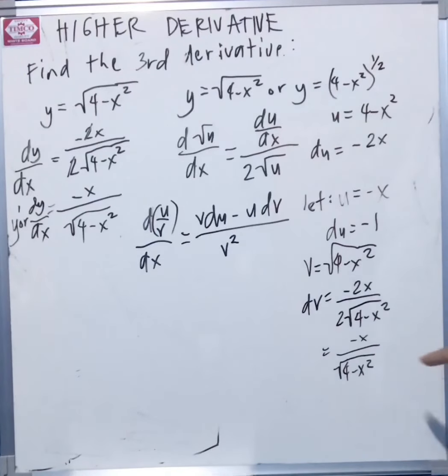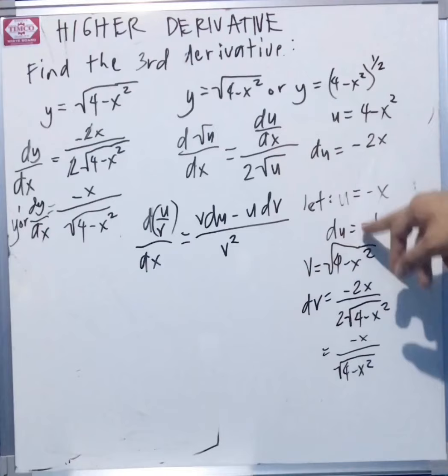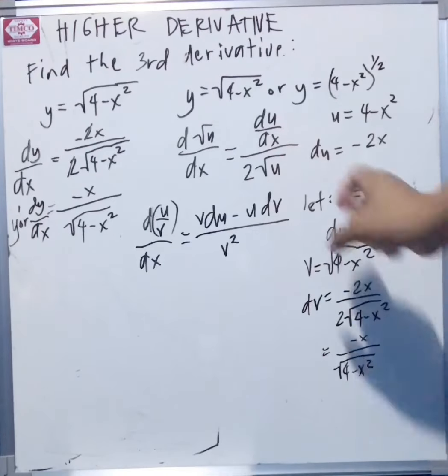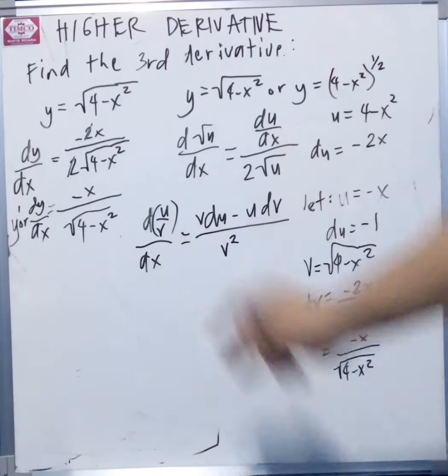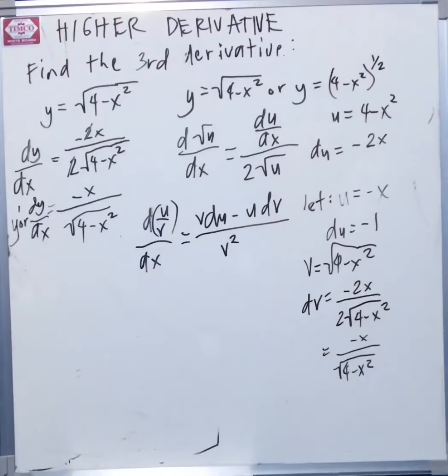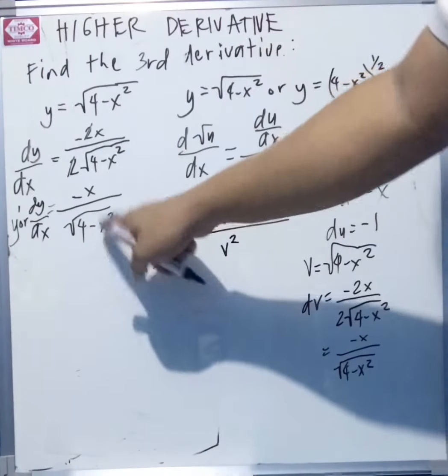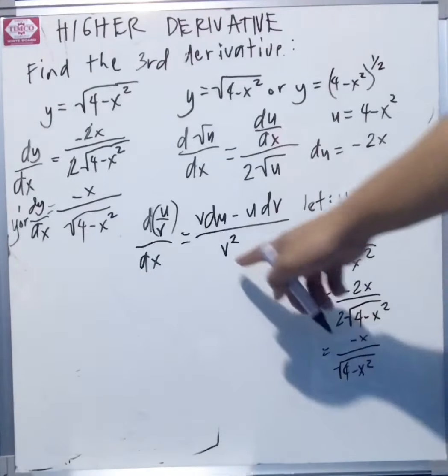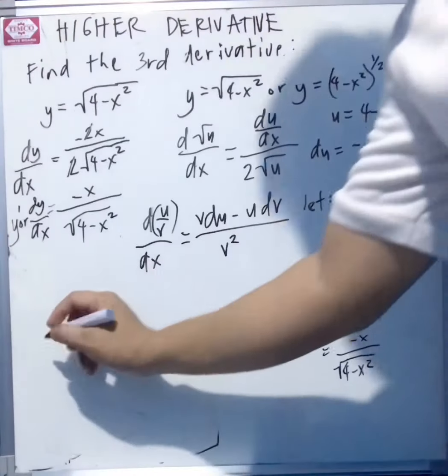So this is dv, v, du, and u. So we substitute it into our formula.